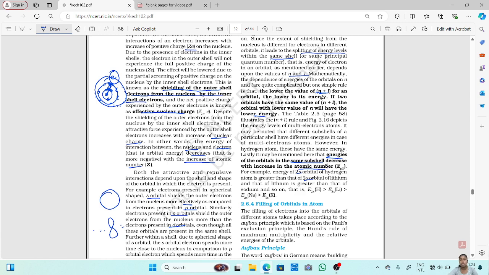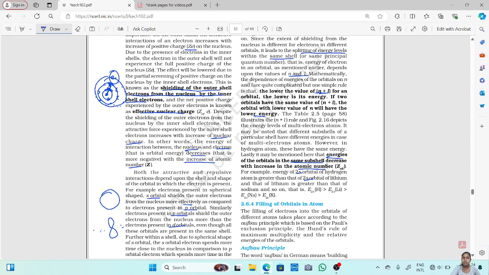So this will go on. So there can be changes with the size.